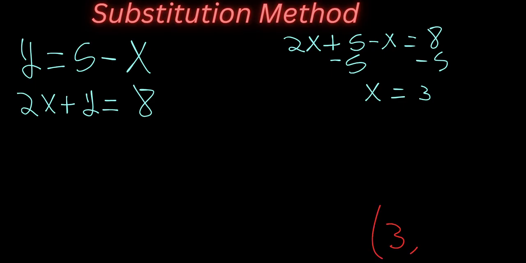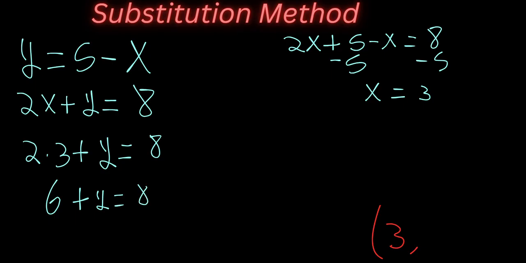That's our x value. Now we can plug that in up here. So 2 times 3 plus y equals 8. We now have 6 plus y equals 8. We subtract 6 from both sides, and we get y equals 2. And our solution is 3 and 2.